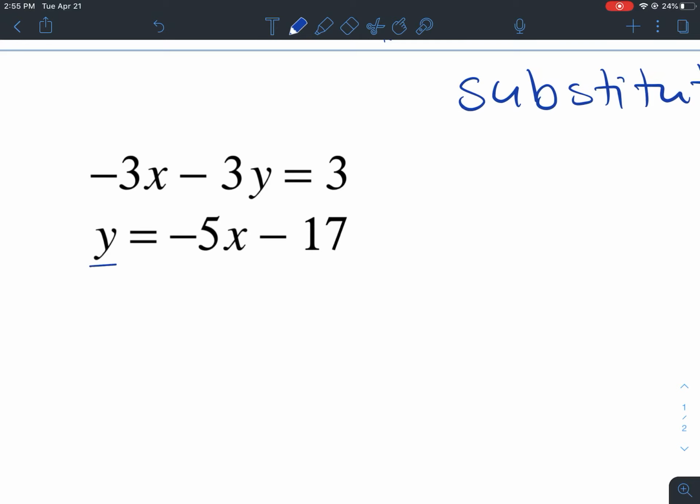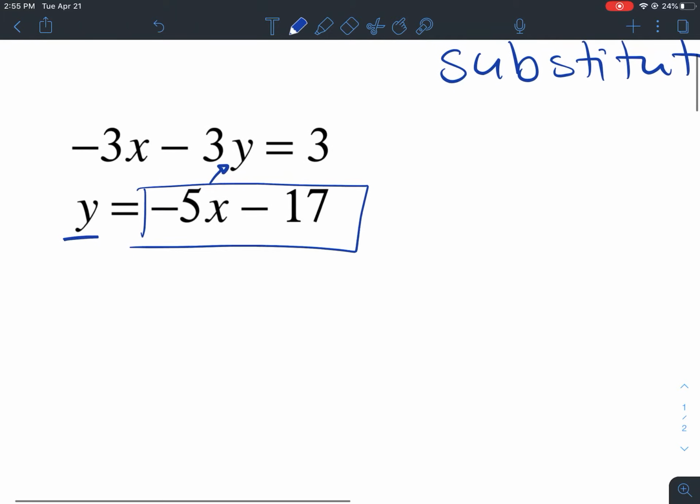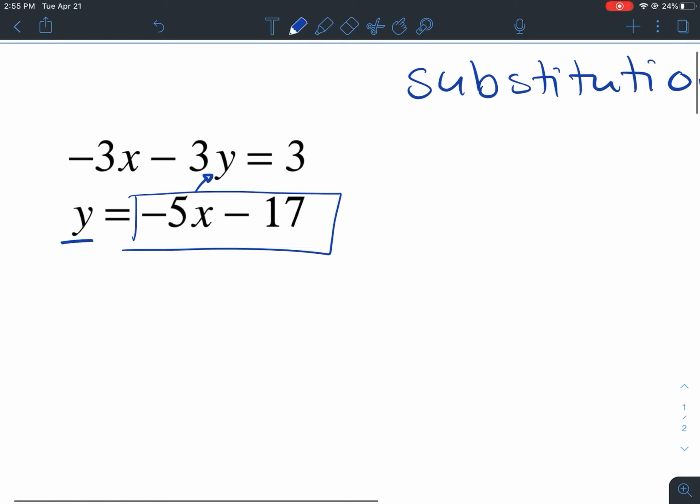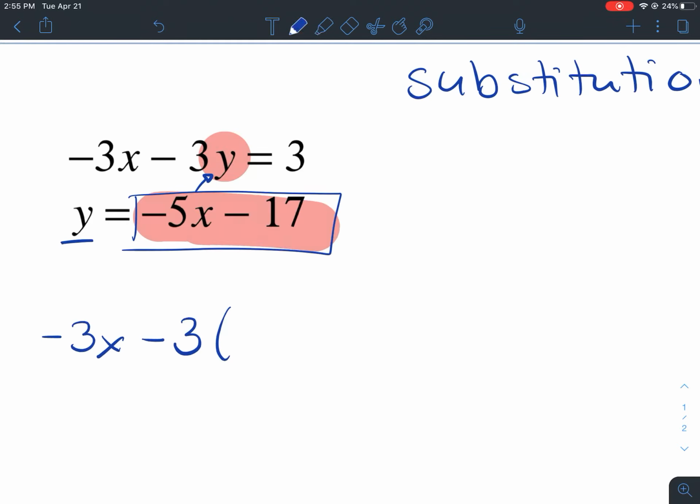So all we're going to do here is we know that in the second equation, y is equal to this quantity. So what we're going to do is plug this in to the y in the other equation. We're not going to change anything that has the x, so we have negative 3x minus 3, and instead of writing this y here, I am going to plug in what this second y is equal to.